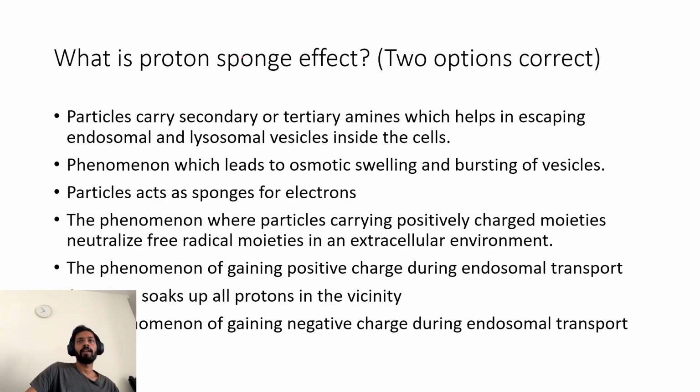Is it a phenomenon where particles carrying positively charged moieties neutralize free radical moieties in an extracellular environment? Or is it the phenomenon of gaining positive charge during endosomal transport? Or is it a sponge that soaks up all protons in the vicinity? Or is it the phenomenon of gaining negative charge during endosomal transport? So, what do you guys think?